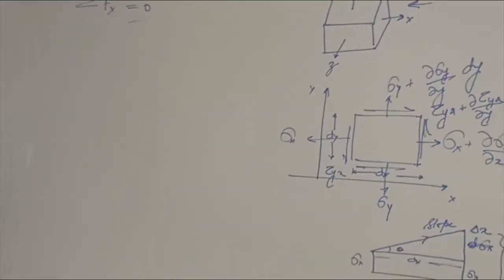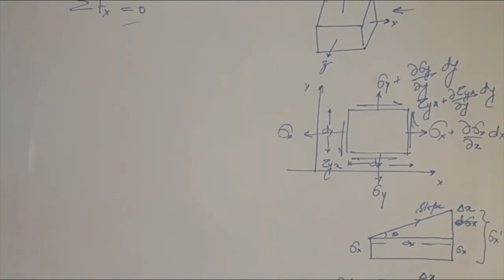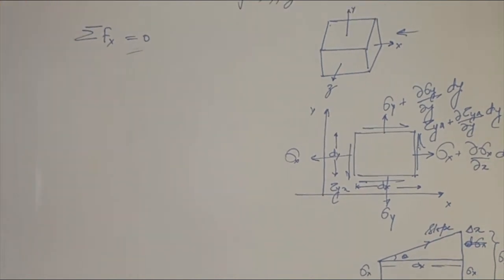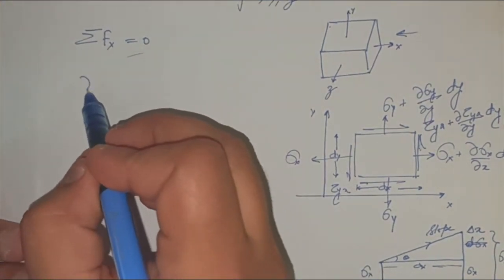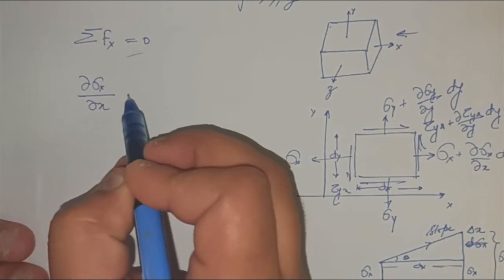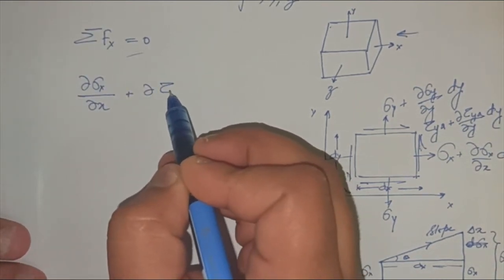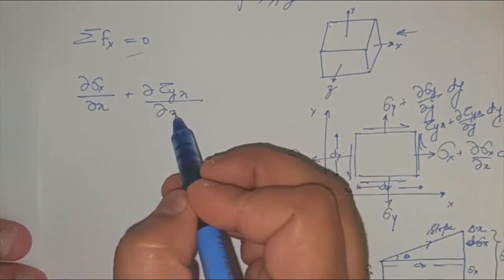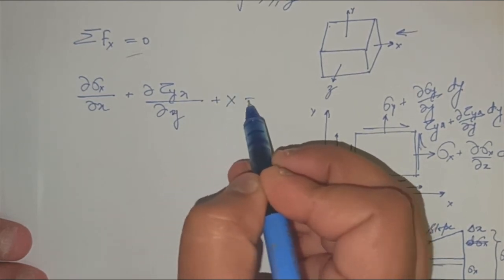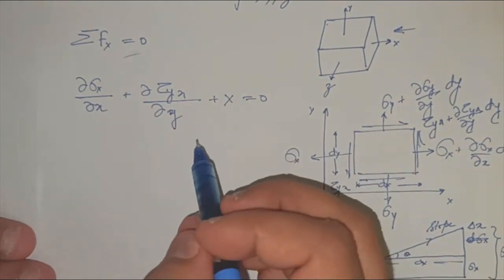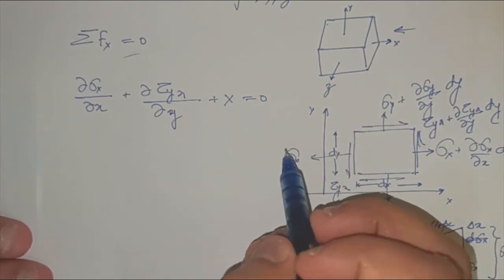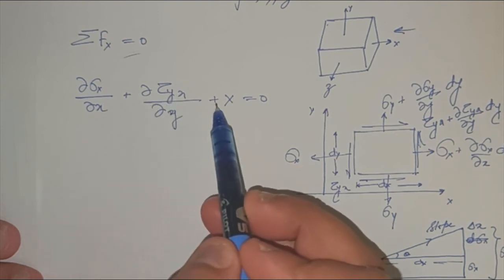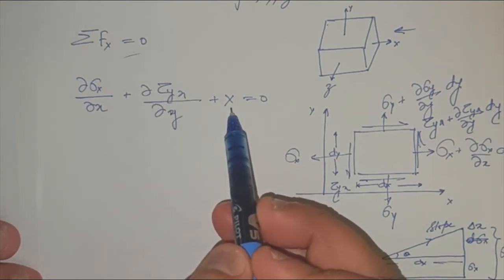So when you add up all of these, you will get your first equilibrium equation in two dimensions. This equilibrium equation will be del sigma x by del x plus del tau yx by del y plus X equal to 0. This will be your equilibrium equation in the x direction: del sigma x by del x plus del tau yx by del y plus X, which is the body force.